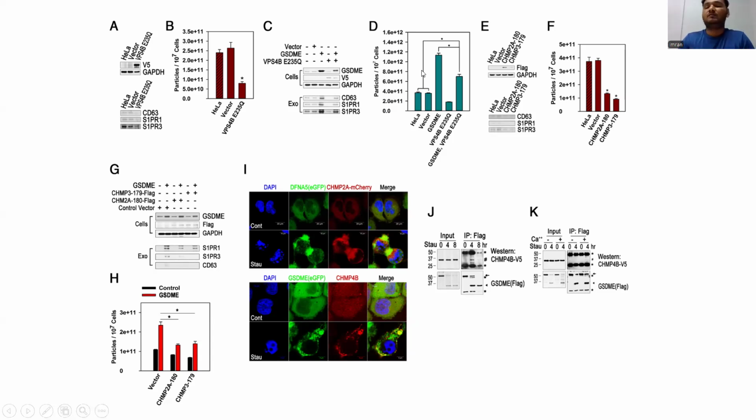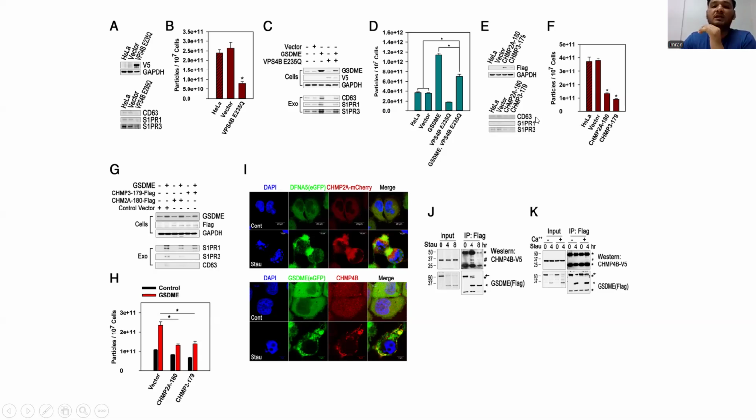Then a few proteins of the ESCRT complex, ESCRT-III related proteins named CHMP2A and CHMP3, and the VPS4 complex related VPS4B were mutated and expressed in the cells. And it was shown that the mutated proteins had reversed the effect of the Gasdermin E in both the VPS4 complex proteins and the ESCRT-III complex proteins.